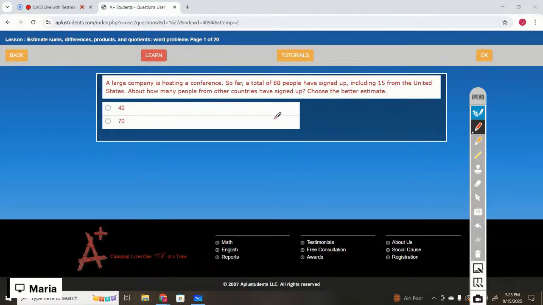Okay, so 88 people have signed up, including 15 from the United States. About how many people from other countries? So 88 minus 15. So 90 minus 20. 88 is rounded to 90, and 15 is rounded to 20.